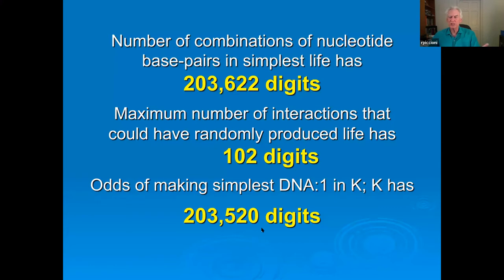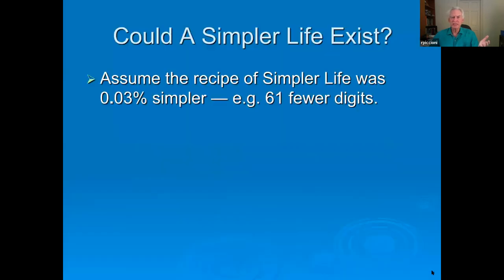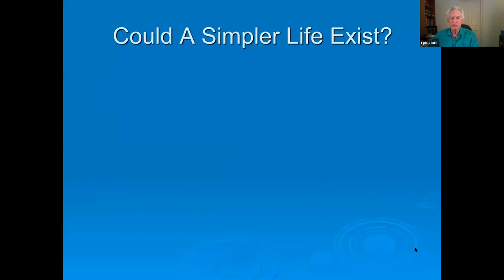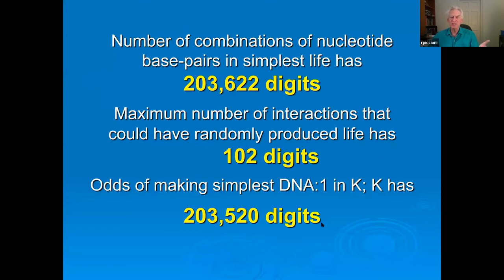I haven't changed the answer. I made it 120 digits shorter, but I haven't changed the magnitude of the answer. The answer still remains, any way you cut it, that it's simply impossible to come up with a notion for how the simplest DNA could have been formed by some random chemical process.